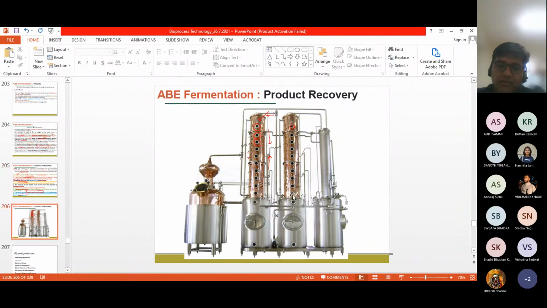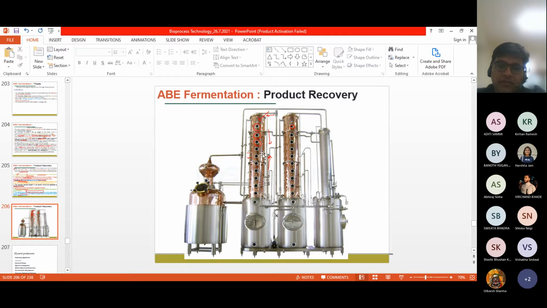The vapor generated is different at different boiling points. For example, acetone is volatile, with a boiling point around 55 to 60 degrees Celsius, and butanol is around 85 to 90 degrees Celsius. What happens if you maintain these two temperatures in these two columns?